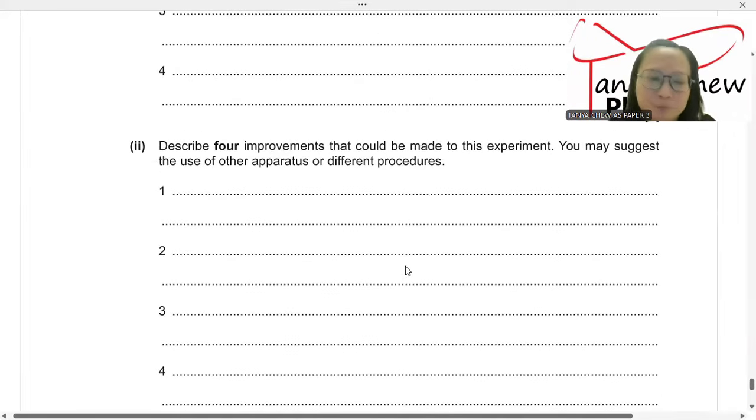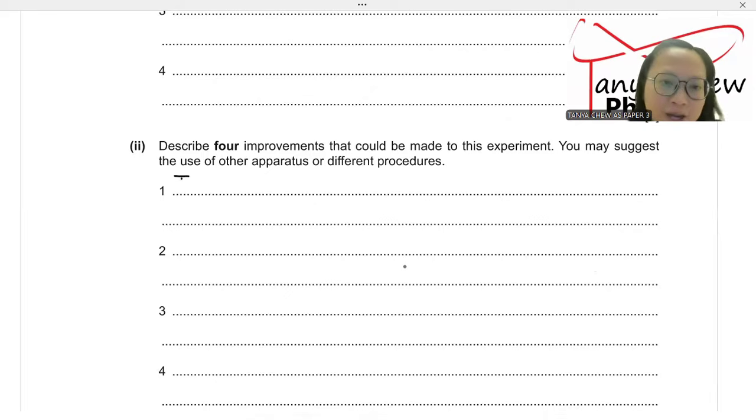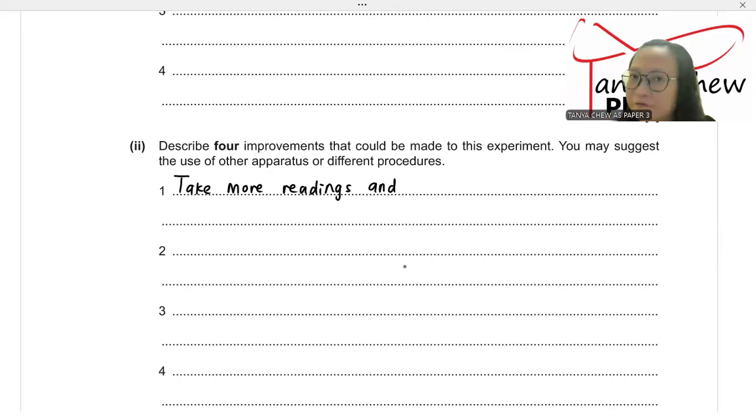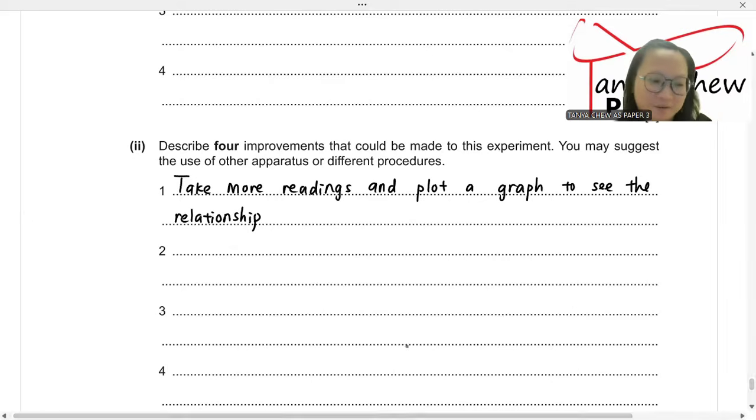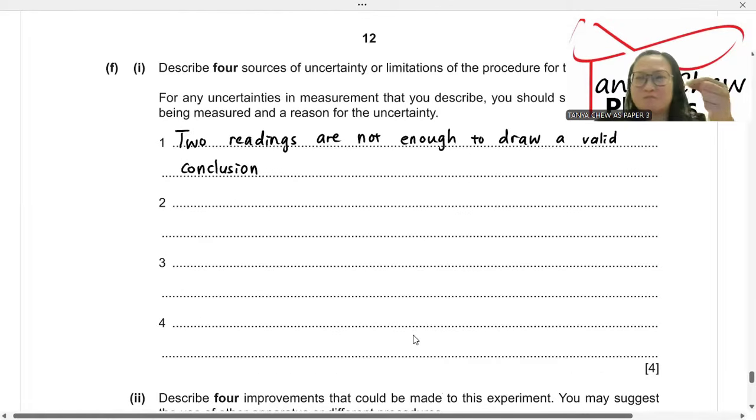So the improvement is take more readings and plot the graph. Don't say find average because all experimenters are supposed to do that. Plot the graph to see the relationship. Done. Memorize this, right?